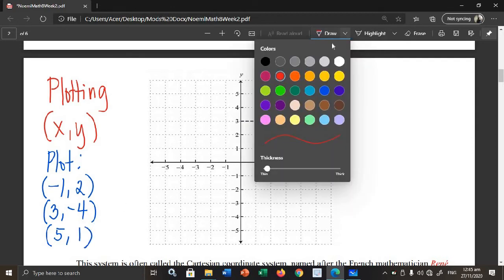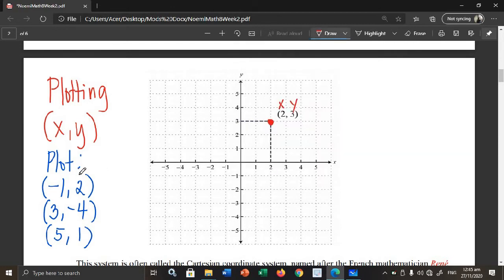So, first of all, let's say we need to plot this one. Negative 1 and 2.